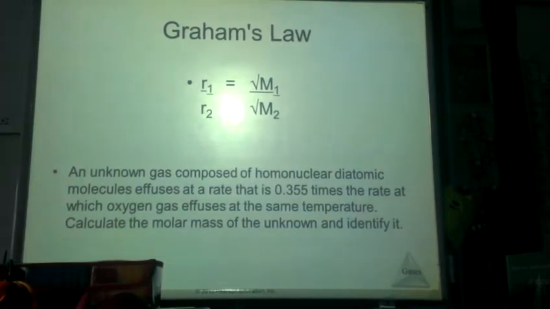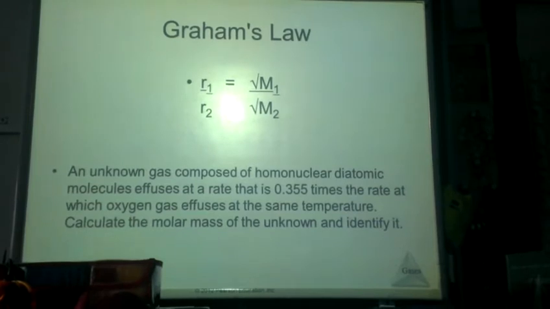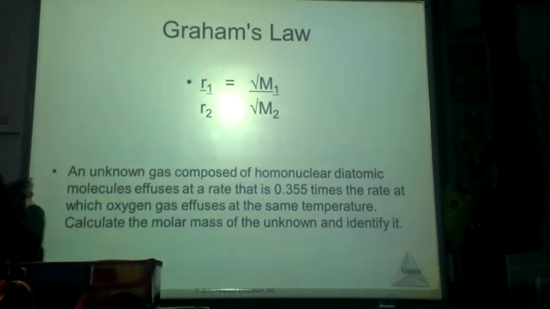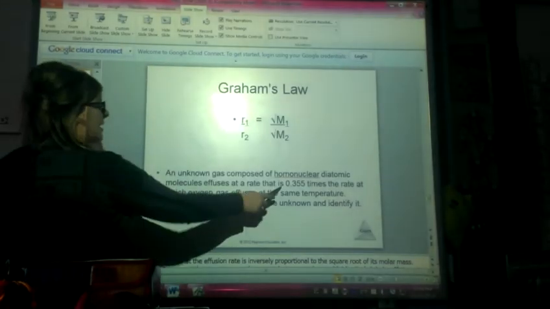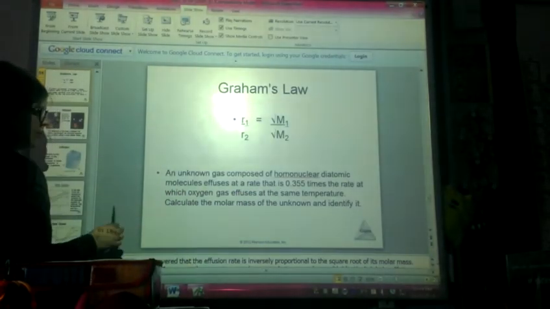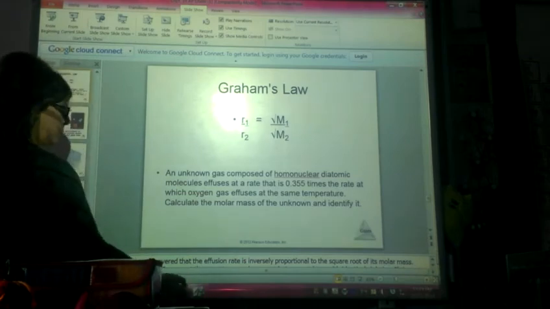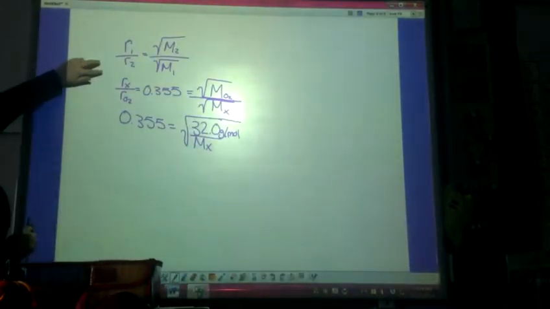Calculate the molar mass of the unknown. I'm going to use Graham's law because I am comparing a rate, and I'm going to compare that rate with molar mass. So I set that up here.